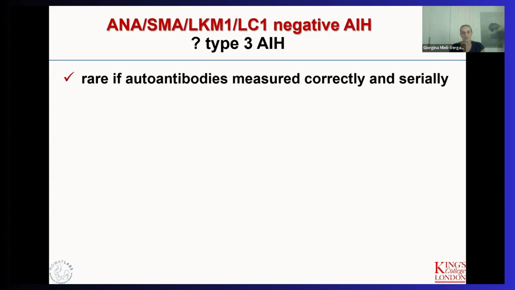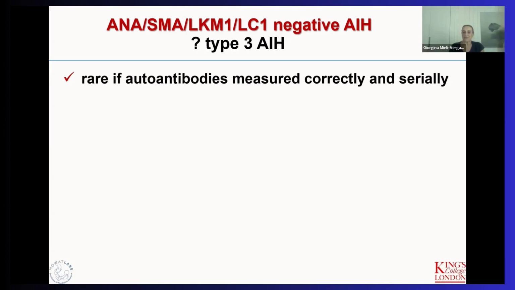If you send your autoantibody testing to a laboratory that tests the antibodies only for adults, or mainly for adults, they may not give you the lower titers for positivity that are important in the pediatric context. Also, the autoantibodies need to be done by people who are experts in doing autoantibodies, and they should still be done by immunofluorescence, not for anti-SLA, but for the others, because it is a more sensitive technique.